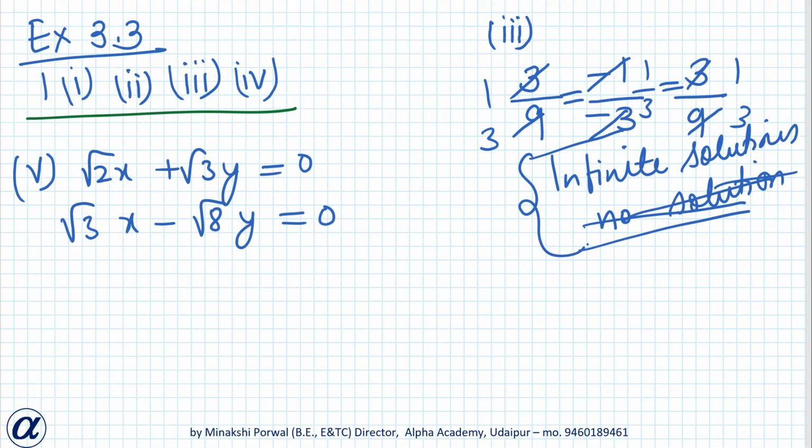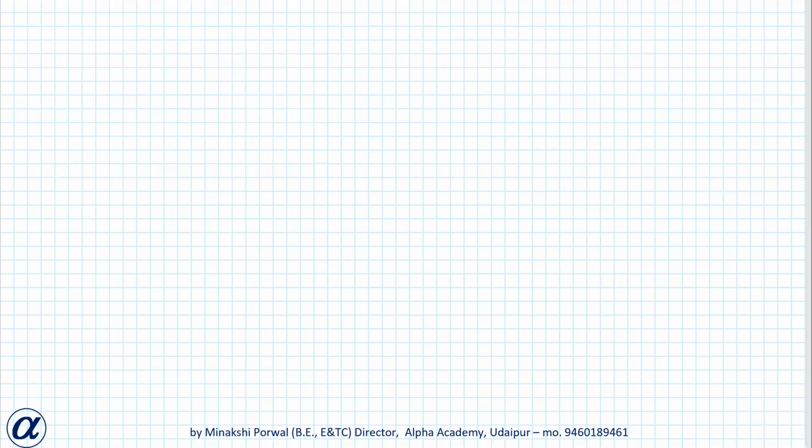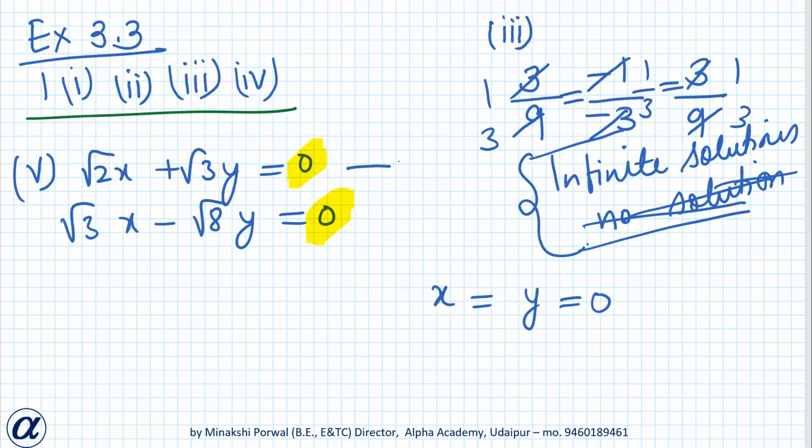One thing you can remember, when C1 and C2 both are 0, you will get the values of x and y as 0 only. Anyway, we are going to solve this problem. So let us see. This is equation 1. This is equation 2.